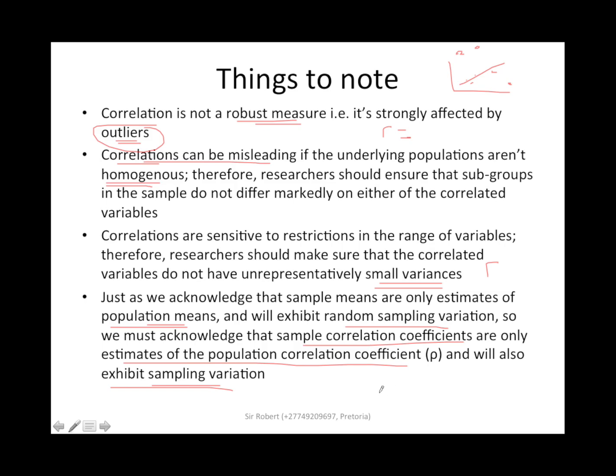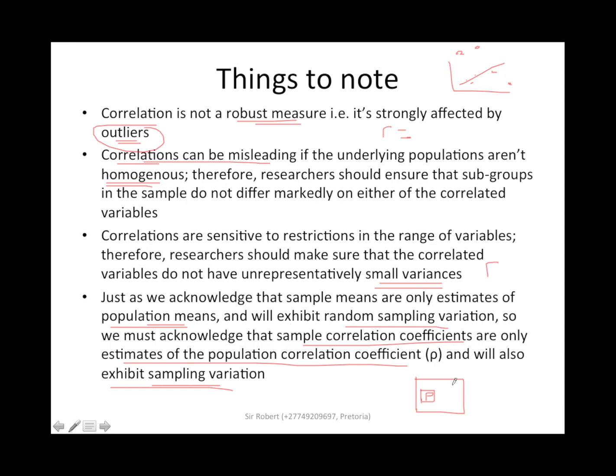What basically it means, if you have South Africa as your population, and we take Pretoria as your sample, so if we do a sample correlation, just know that it's an estimate of the total population.